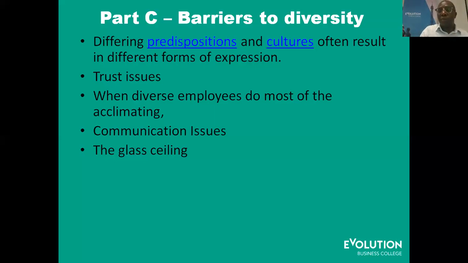So these are some of the barriers. There are many out there, but these are just a few that I could bring in. Or even some of the barriers to diversity is language. People that speak with a certain accent, that pronounce things differently from you. But imagine yourself, if you were in their country trying to speak their language, you would also speak with their accent, wouldn't you? All right, okay, let's go to our next slide.